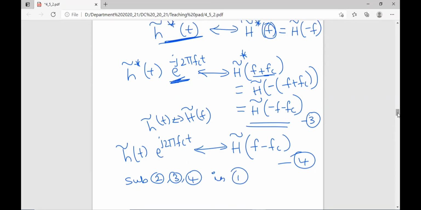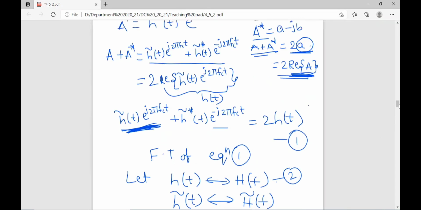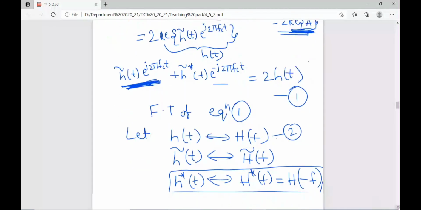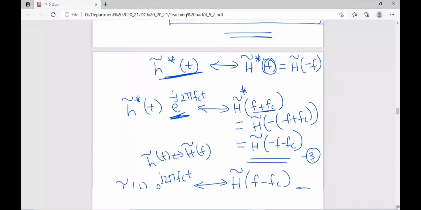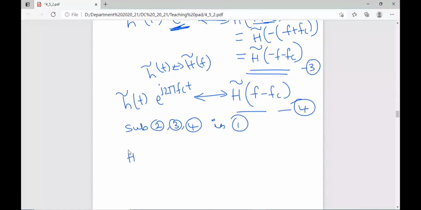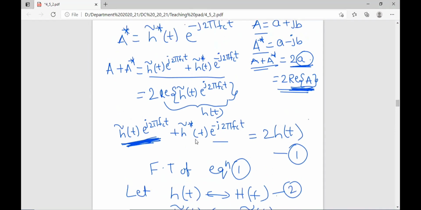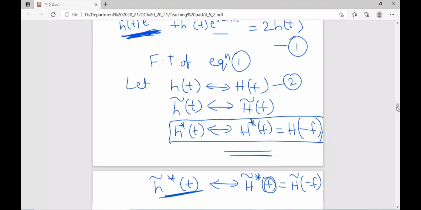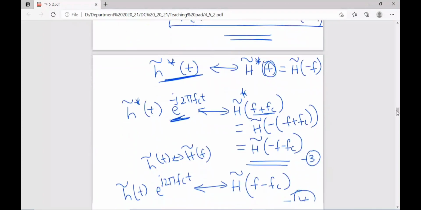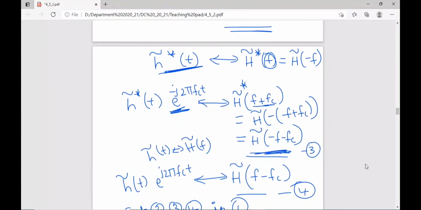So instead of the first term, I can write its Fourier transform as this fourth one, h tilt of f minus fc. Then the second term is h tilt star of t e power minus j 2 pi fct.